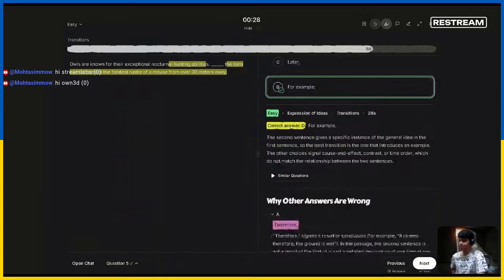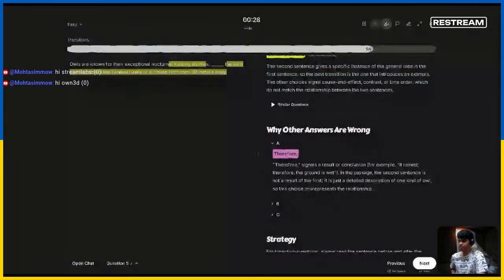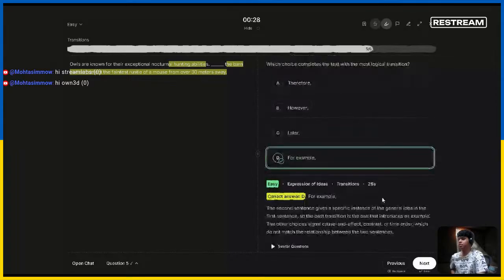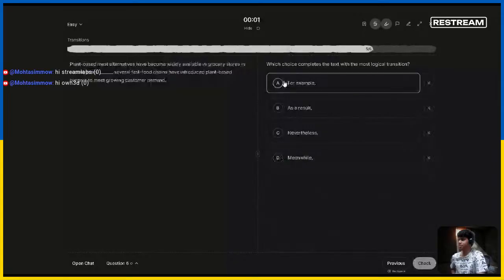Therefore signals a result or conclusion. For example, it rained, therefore the ground is wet. This is not a result of the first sentence. It's just a detailed description of one kind of owl. So not cause and effect.